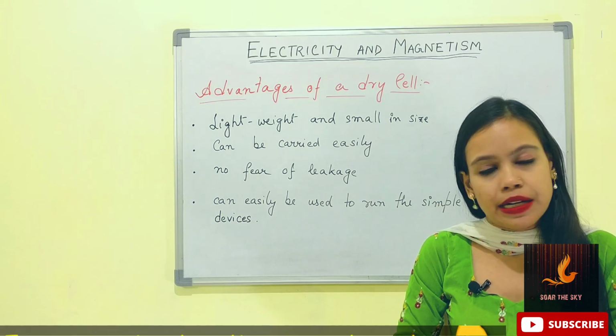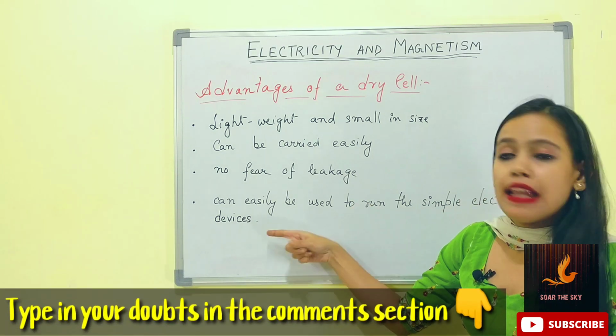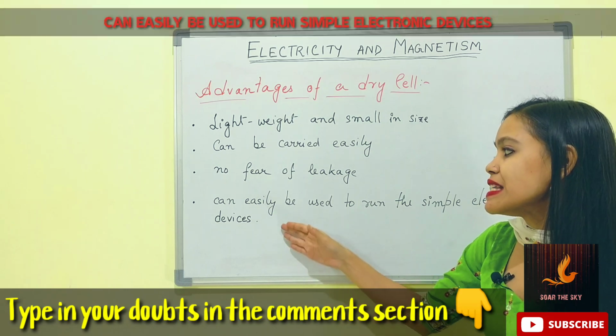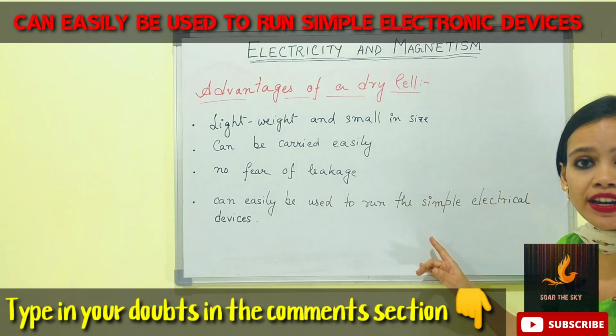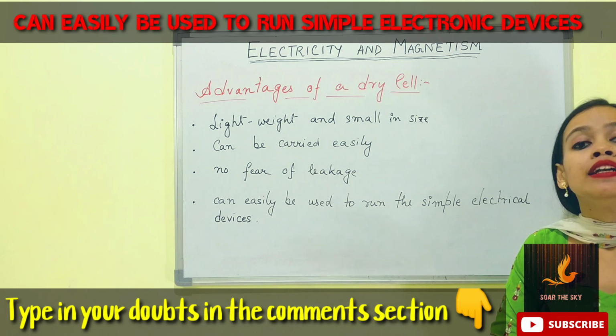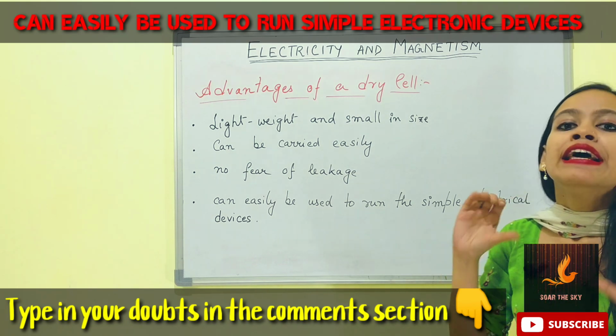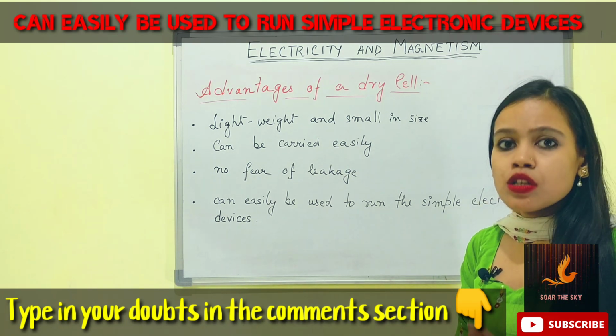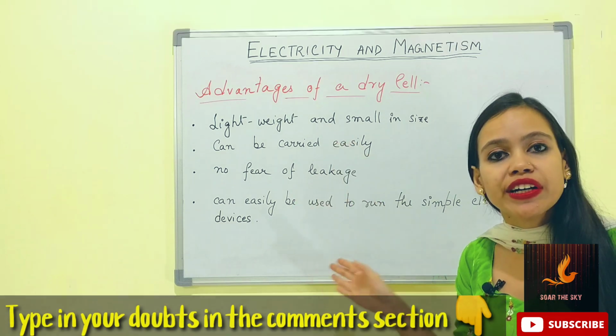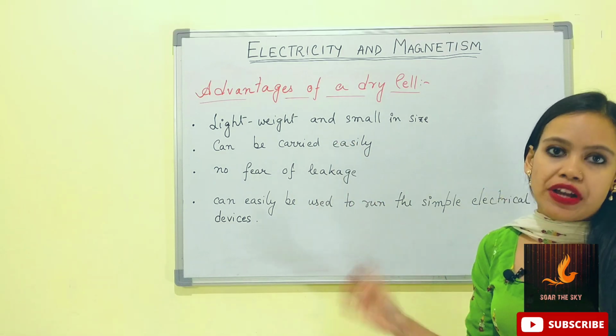It won't leak. The fourth and the last point is it can easily be used to run very simple and small electric devices. So these are the four advantages of a dry cell.